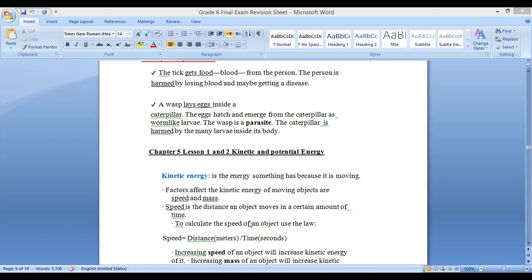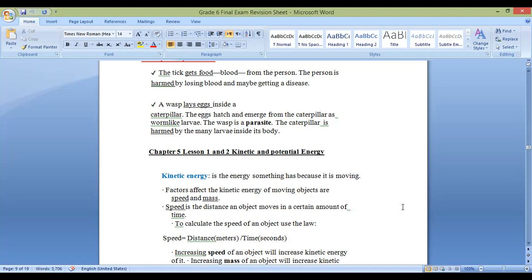If you and your friend are making a race for the same distance, but you arrive before him, that means you have more speed because you moved this distance in a shorter time. So to calculate the speed of an object, you use this law: speed equals distance in meters over time in seconds.